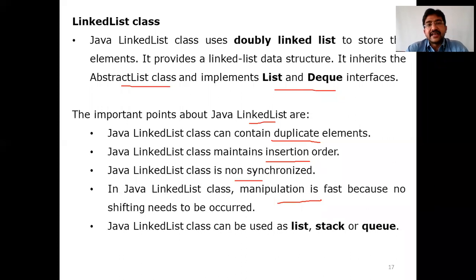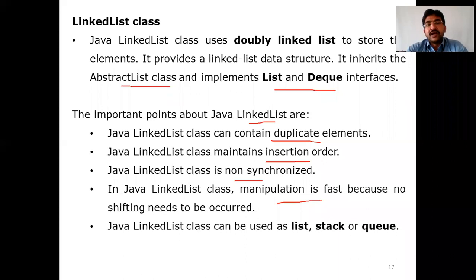Because if you change any element in the middle, say for example, an array consisting of 10 elements, and you remove the element at index 5, then the shifting of elements is needed, because of which it is very slow. Here the manipulation is fast, because no shifting needs to occur.